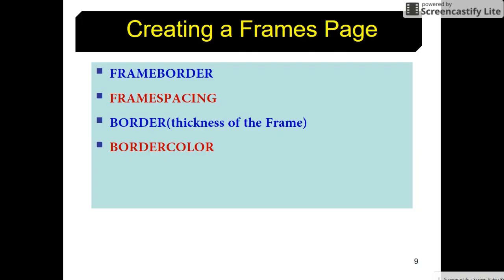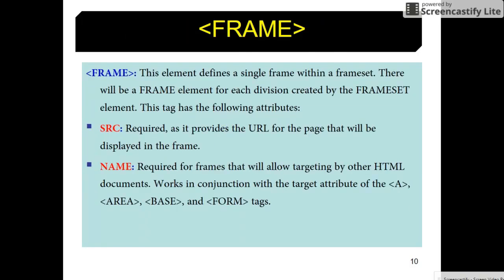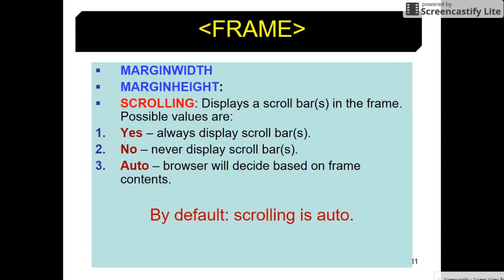There are multiple more options: frame border, frame spacing, border, and frame color attributes. We can use src, name, margin height, scrolling. Scrolling, if we set scrolling to yes, then the scroll bars would appear.